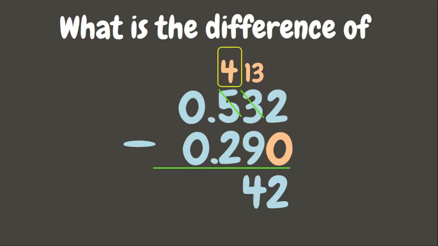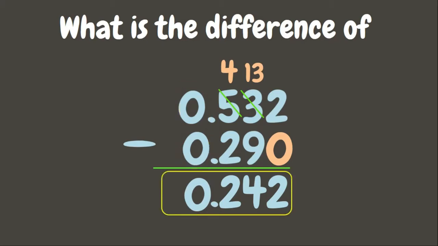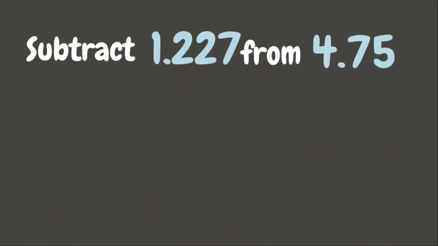Next, 4 minus 2 is 2. Write the decimal point aligned from the decimal points above. And then 0 minus 0 is 0. Our answer is 242 thousandths.